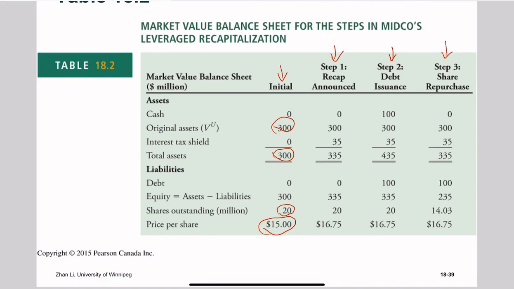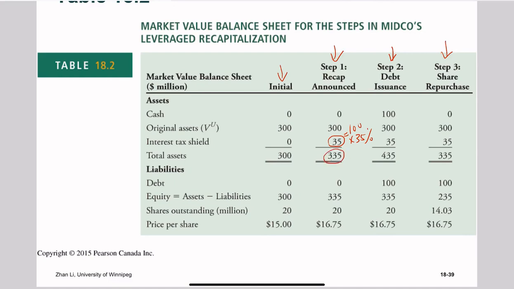So in this case, you can see that the firm's interest tax shield will increase by $75 million, which is given by the amount of debt times the corporate tax rate. Right? So it's basically 100 times 35%. And because of this increase in the interest tax shield, the firm's total asset will increase from 300 to 335.